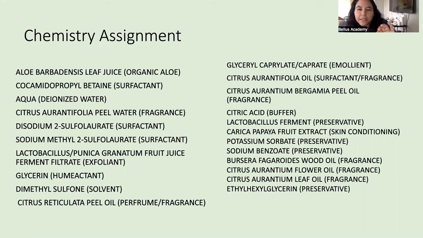And then there is some papaya, for enzymatic exfoliation, but it's mostly used as a skin conditioner in this formulation. But once I have done this with each ingredient, we see that there are, I think, 4 surfactants, and generally you're not going to have that many surfactants in a formulation if it's not a cleanser, honestly.